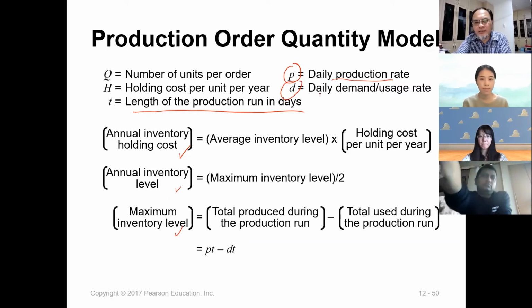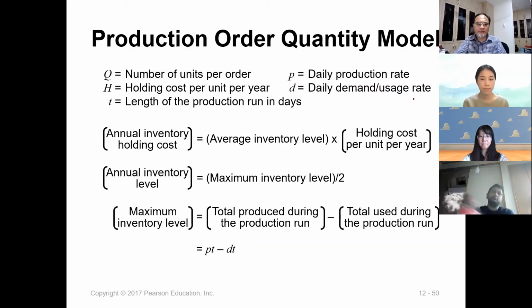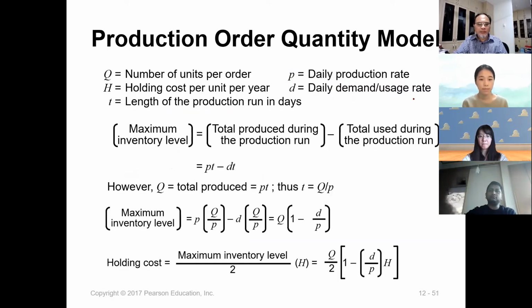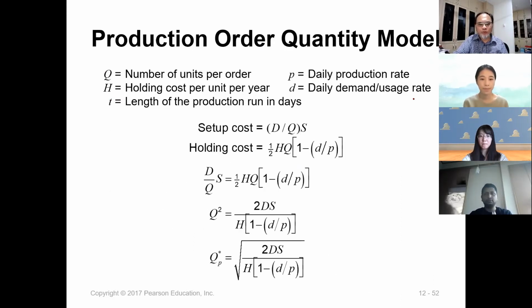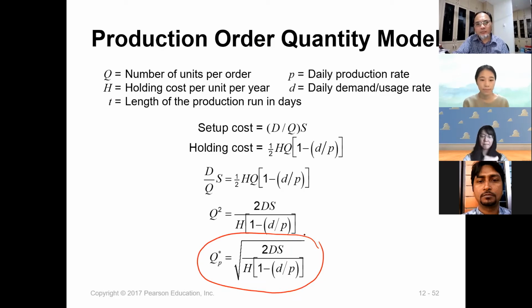And D is the daily demand rate or usage rate. And it's given by this formula. I'm not going to go into detail also. I'm just going to show you that this is the EOQ or the production order quantity Q star P given by this formula. D is still demand, S is setup.